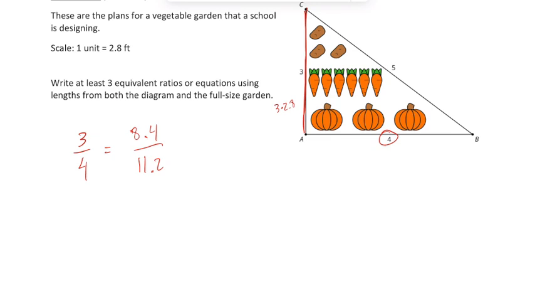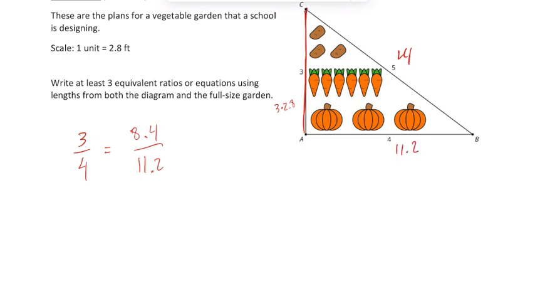If you multiply 5 by 2.8, you're going to get 14. Sorry, this one is 11.2, and then multiply 4 by 2.8, you're going to get 11.2.